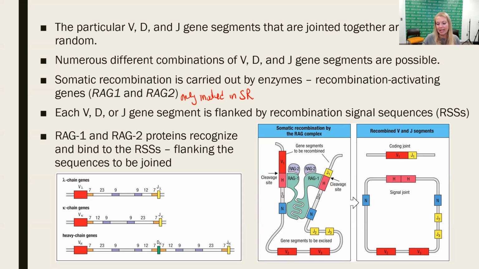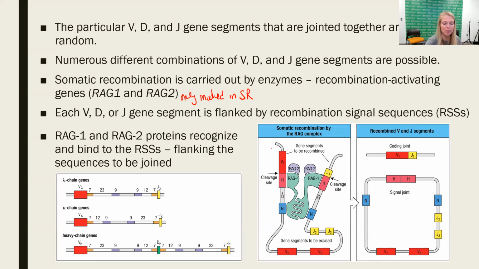That's where the RAG protein interacts, and it will then loop the DNA together to bring sequences in juxtaposition so that they can be spliced together. Everything else is looped out and cut out. We see that happening in this image here on the bottom.